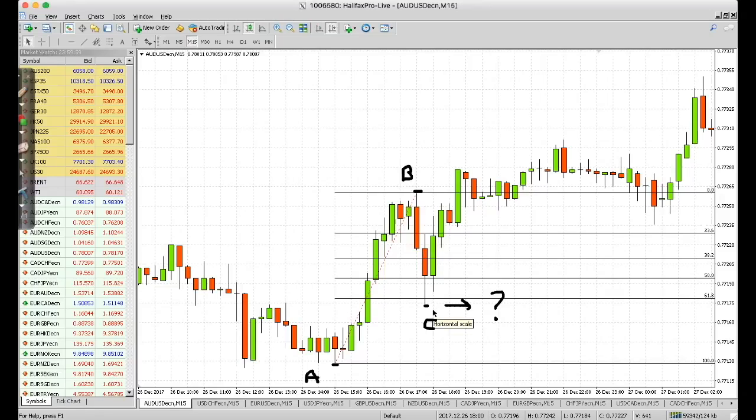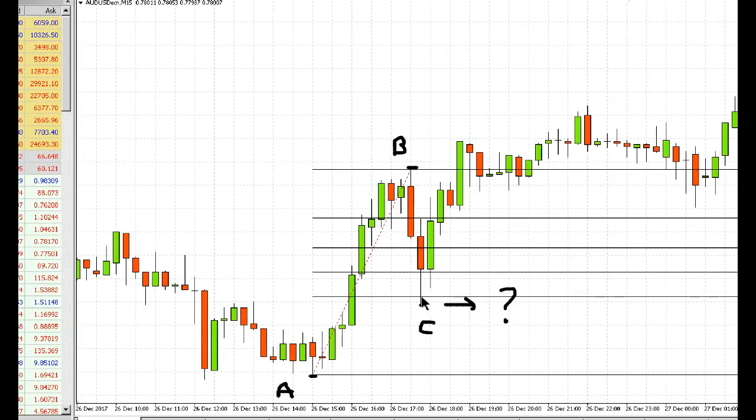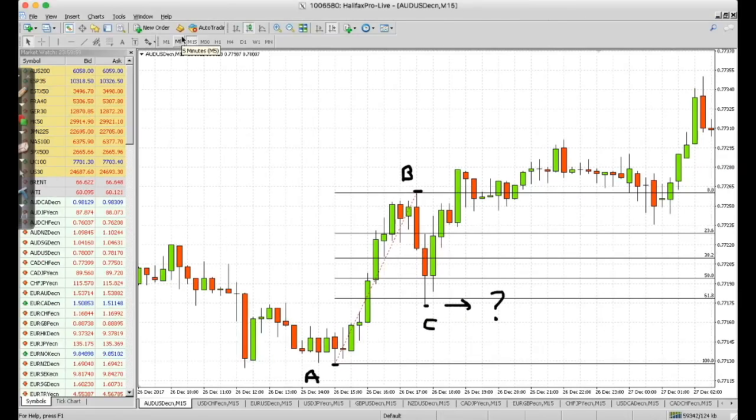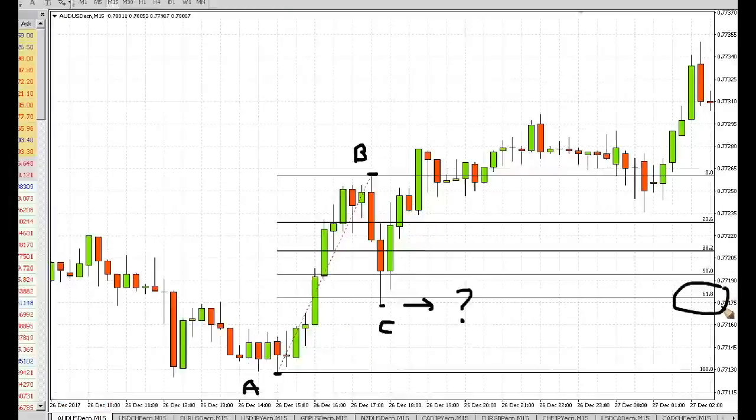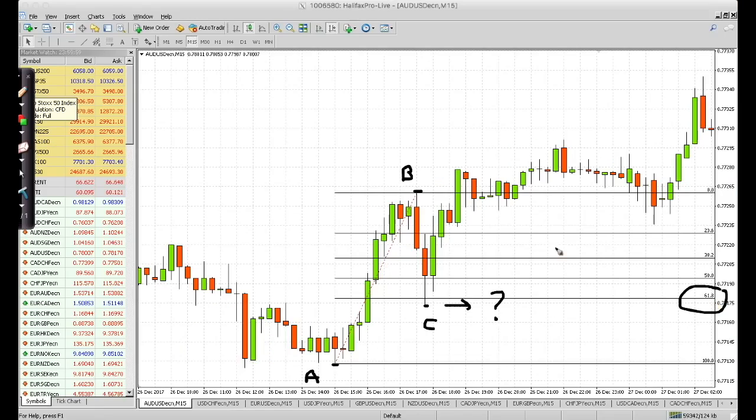You notice that miraculously, this C is at the 61.8% level. So this tells you that this retracement to C is exactly at the Fibonacci retracement level. So this will give me confidence to buy right at that point to catch the next impulsive wave up. Can you see that? Okay, great.